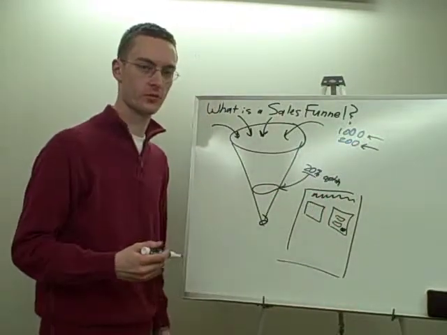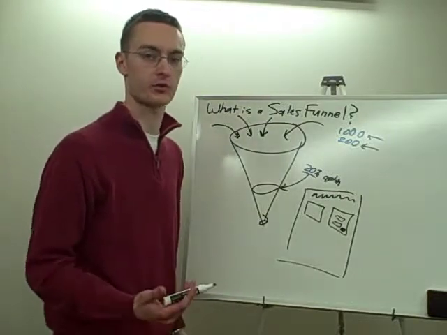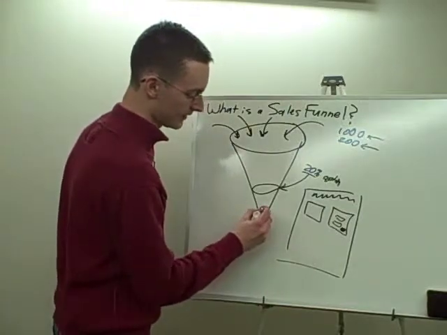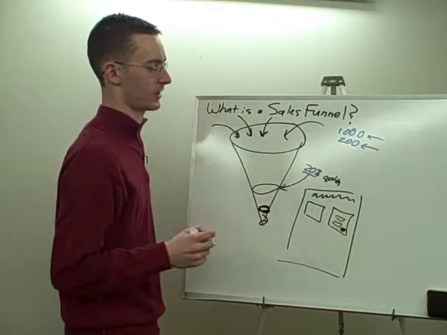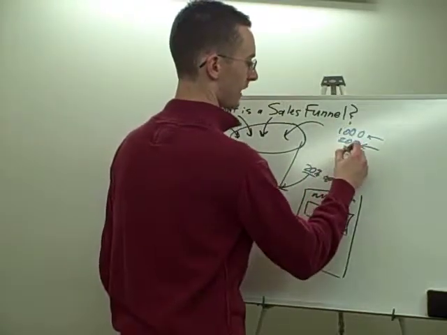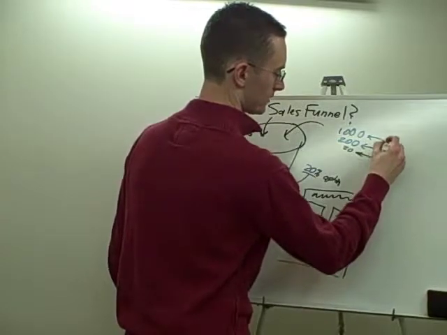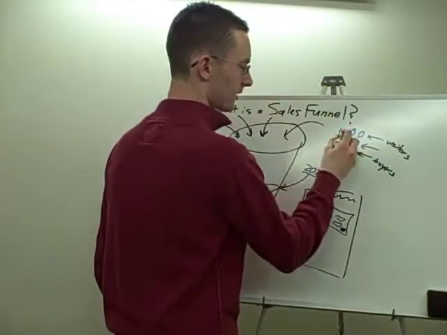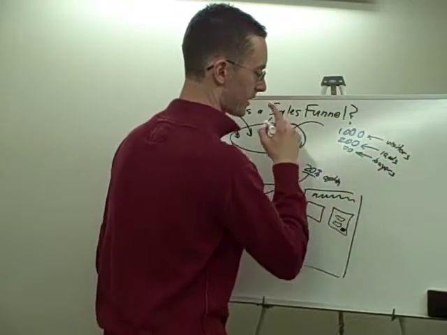Now, out of those 200 people, a percentage of them are going to go ahead and buy a product or a service or whatever it is that you're offering on your particular website. And let's say down here in your sales funnel, 10% of those people will actually buy. So let's say 20 people actually buy. And these are your buyers. So this is your website visitors: 1,000 visitors, 200 leads, and then 20 buyers.